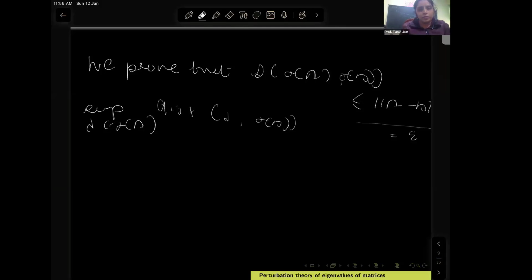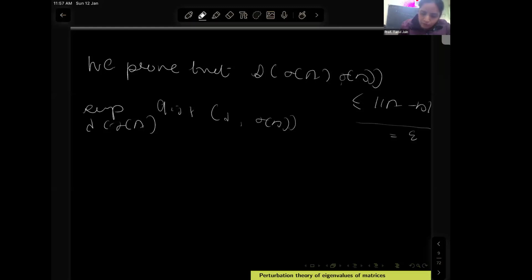Now, what do we look for? That for every lambda in sigma A, there is a mu in sigma B such that mod lambda minus mu is less than or equal to epsilon. Then only my S sigma A sigma B is at most epsilon.